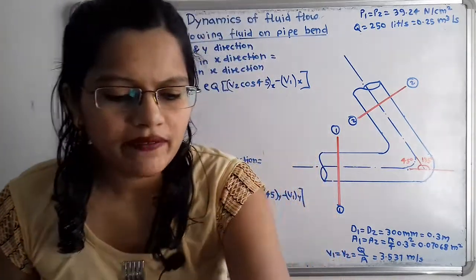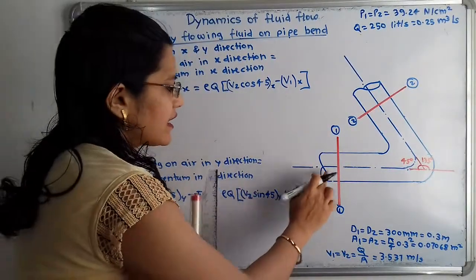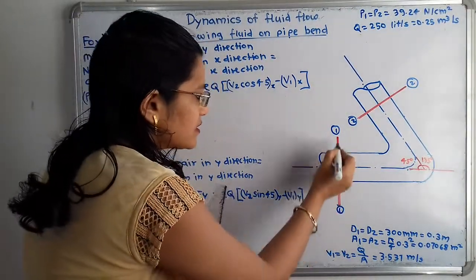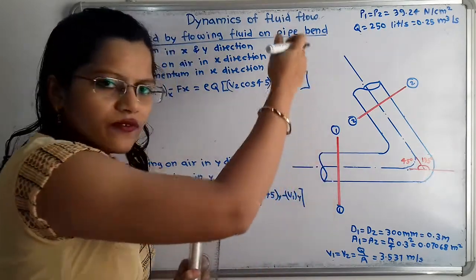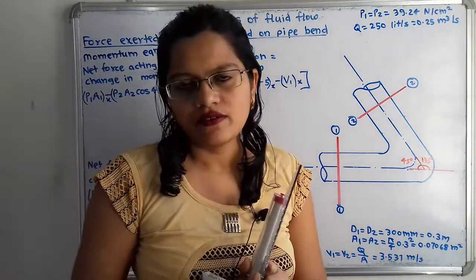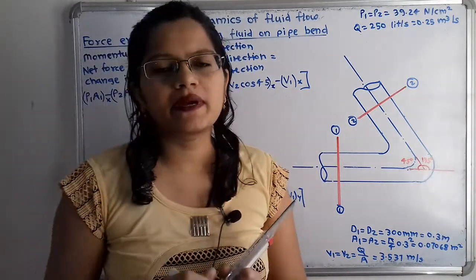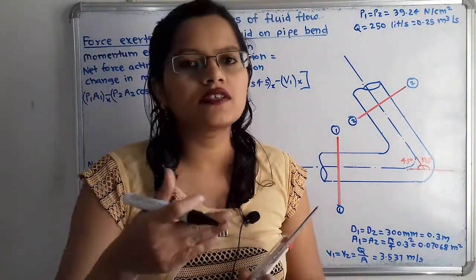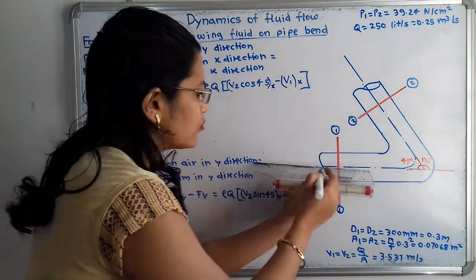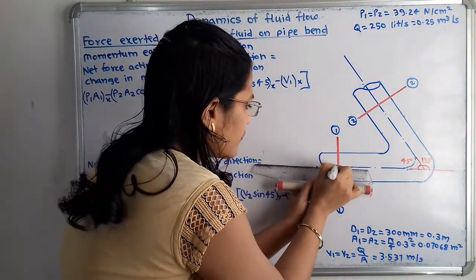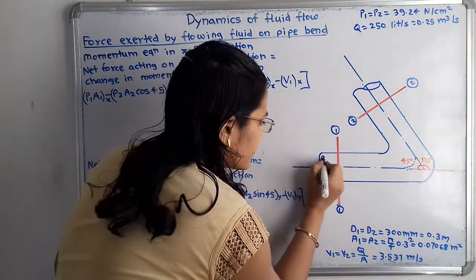Section 1 is a vertical line, and pressure force always acts perpendicular to the surface and towards the surface. So we have to show this pressure force P1A1.